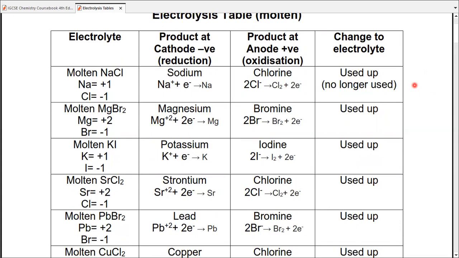Let's start with copper first. We will get this at the cathode.